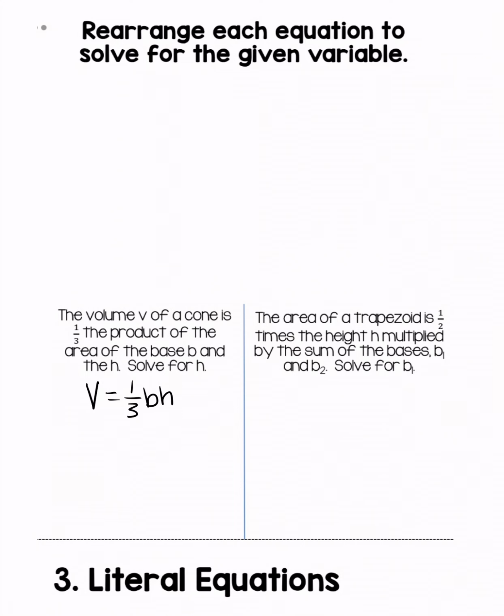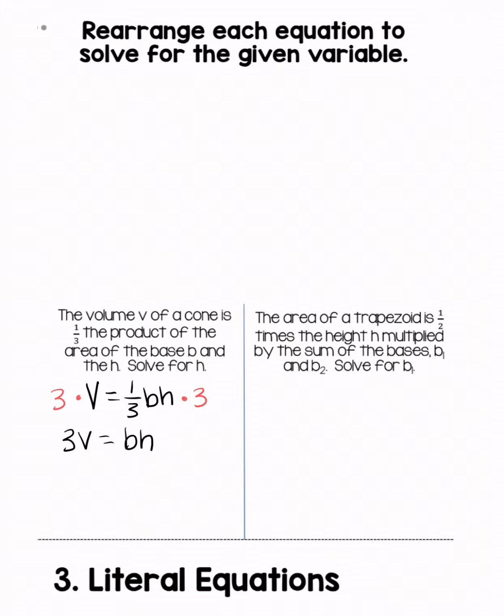If you're not, don't do that. But we can. To get rid of the 1/3, I have to multiply by the reciprocal. So I'm going to multiply by 3 on both sides. Then I have 3v is equal to base times the height.